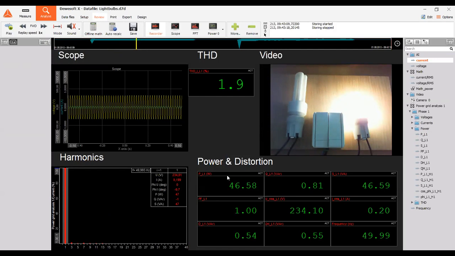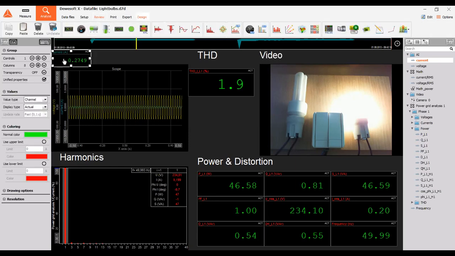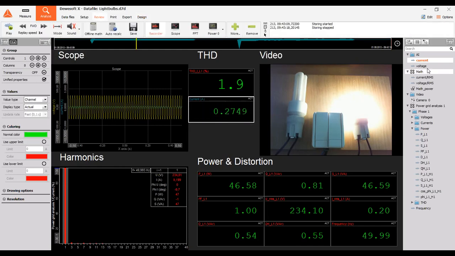If we take a look now, we are measuring 46 watts. If we compare this to the result of our math module, just add and click this here, we have principally the same result.